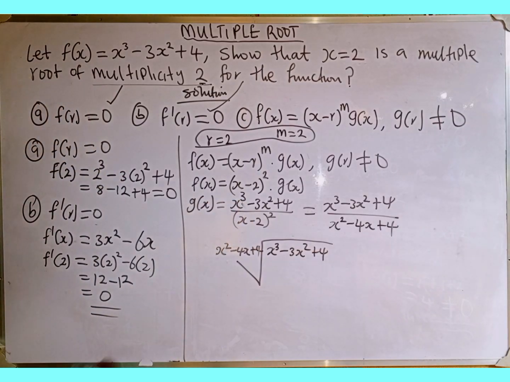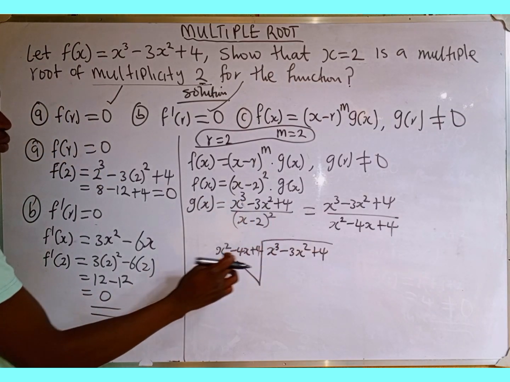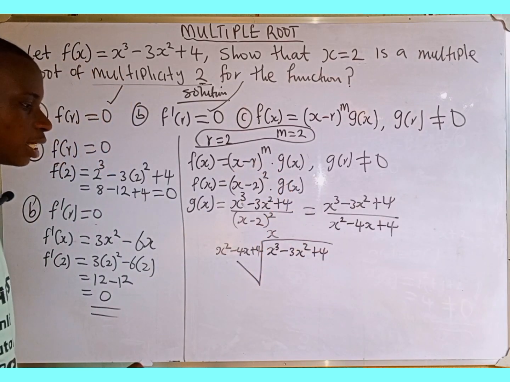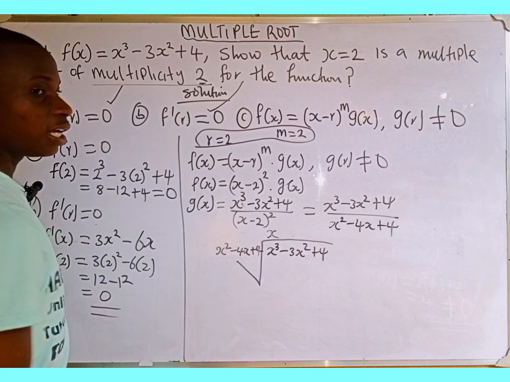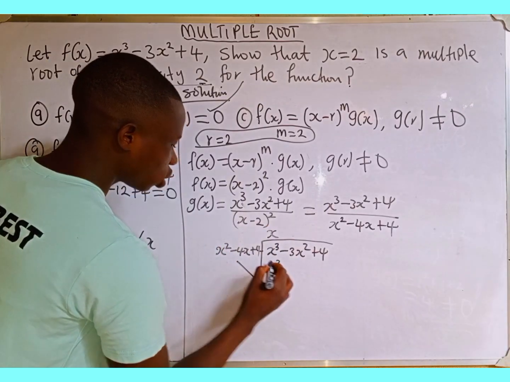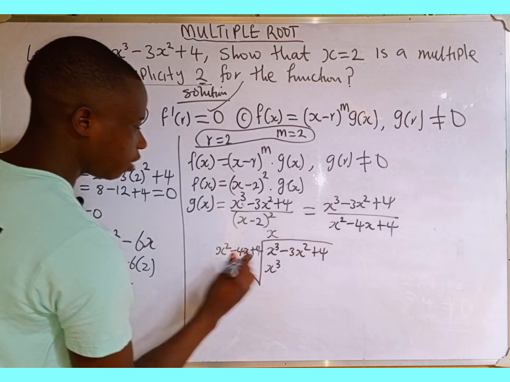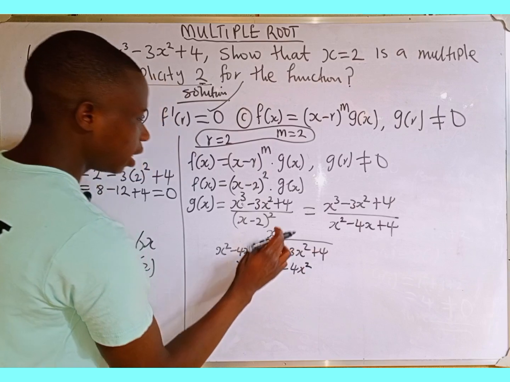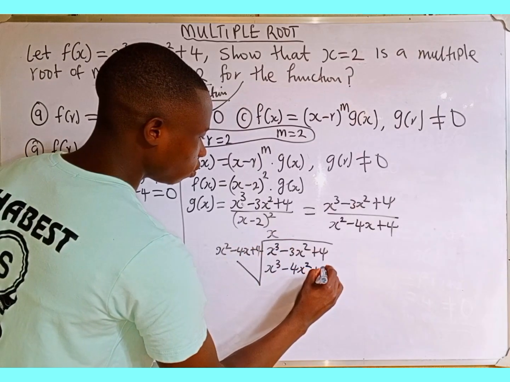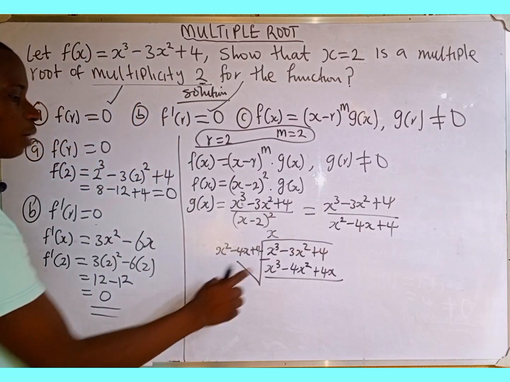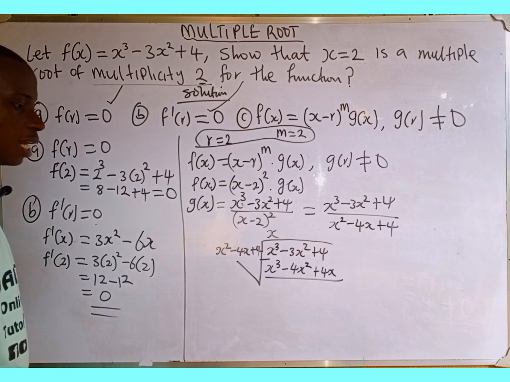Now the first thing we are going to do is use this x cubed to divide x squared, which is going to give us x. Then use x to multiply by each term. X multiplied by x squared is x cubed. Then x multiplied by minus 4x is minus 4x squared. Then x multiplied by 4 is 4x. Then you subtract. Remember, this minus sign is going to affect only the downside.